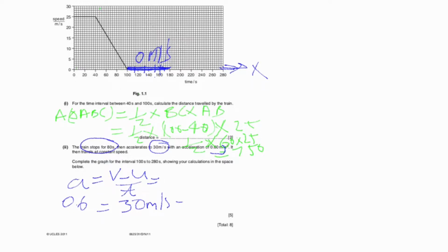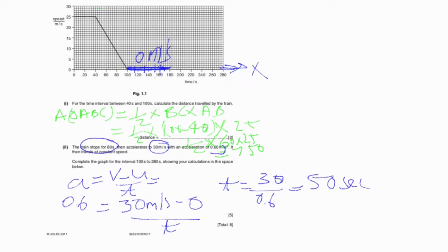Time we want to find out. So time equals 30 upon 0.6. Let's calculate on the calculator. It is coming 50 seconds. We got the time here.